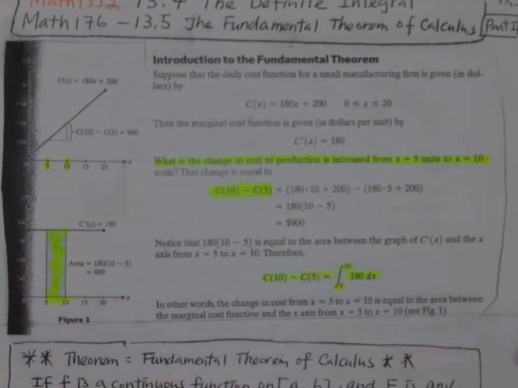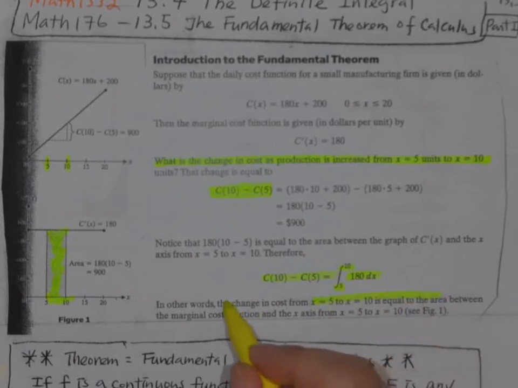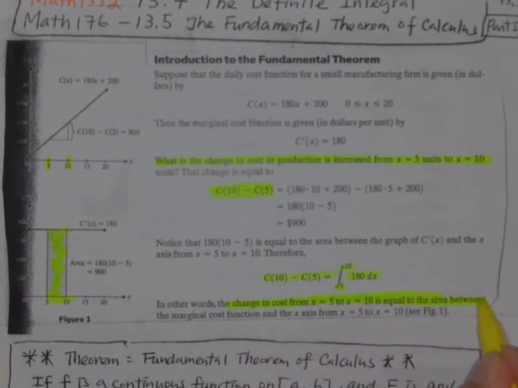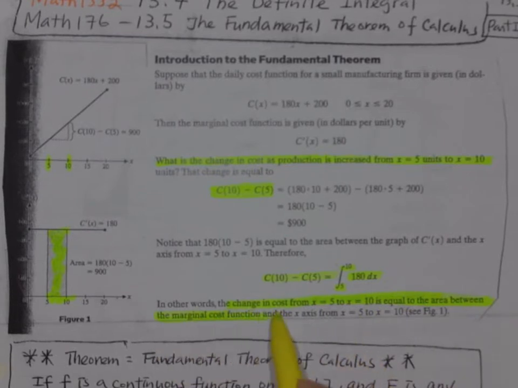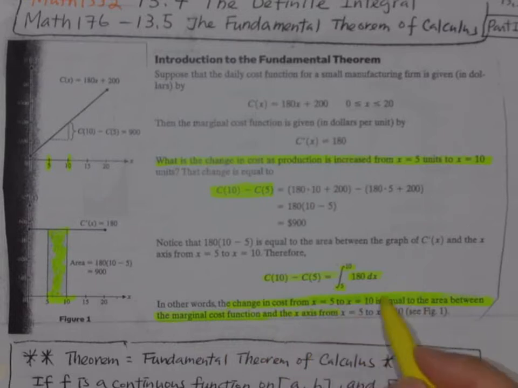They say this is the same as finding the area between those two numbers. The change in cost from x equal to 5 to x equal to 10 is equal to the area between the marginal cost function and the x-axis from x equal to 5 to x equal to 10.